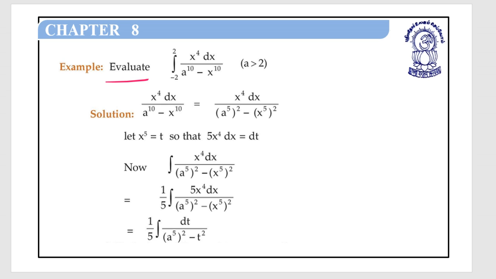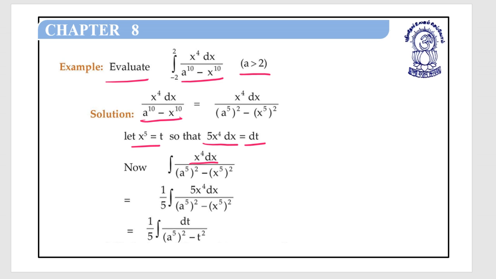Next evaluate integral from minus 2 to 2 of x raised to 4 dx upon a raised to 10 minus x raised to 10, a greater than 2. You can write this as a raised to 5 square minus x raised to 5 square, x raised to 4 dx. Let x raised to 5 be equal to t. So that 5x raised to 4 dx is equal to dt.